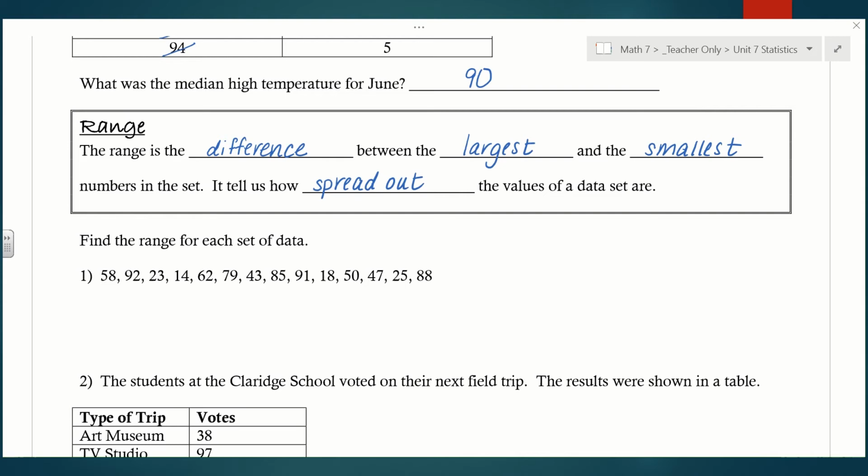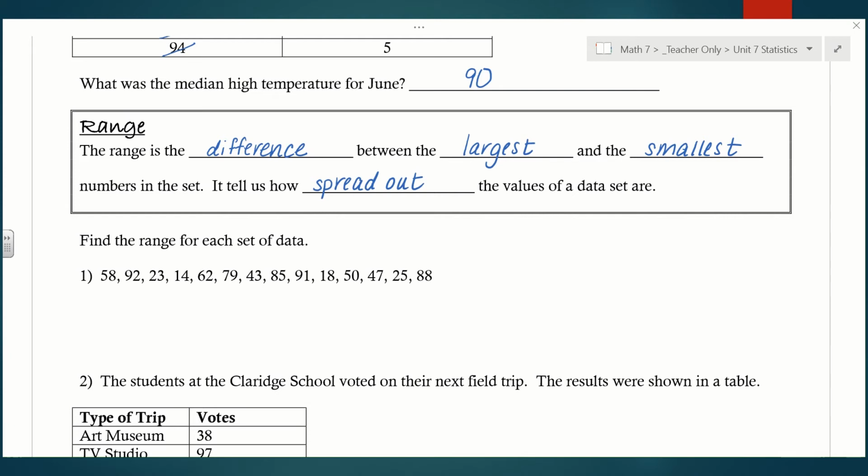And so the range for the ages of my cousins is very big. And so what that means is that the ages of the cousins in my family are very spread out. Now if someone else has cousins all around the same age and you've got a range that was very small, that just means everybody's close in age.